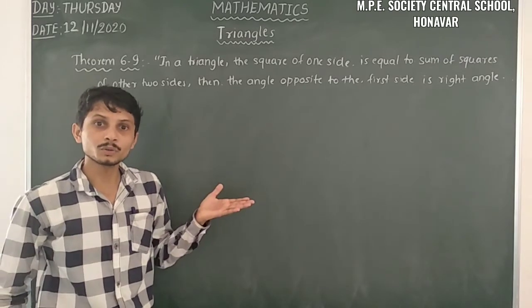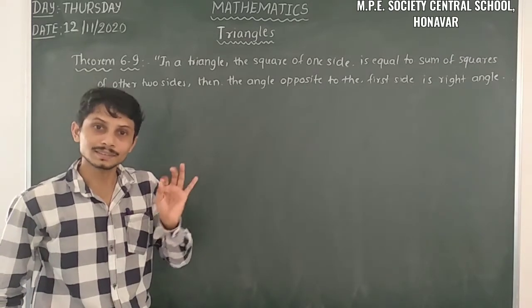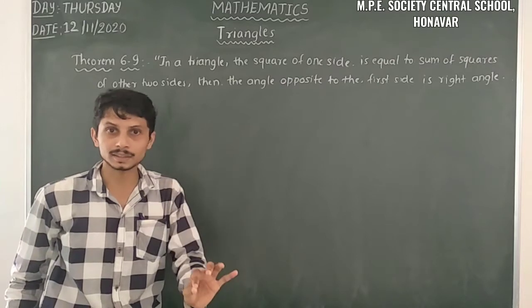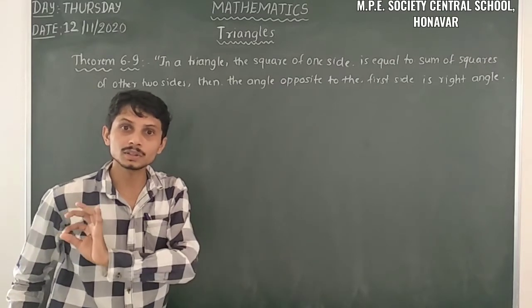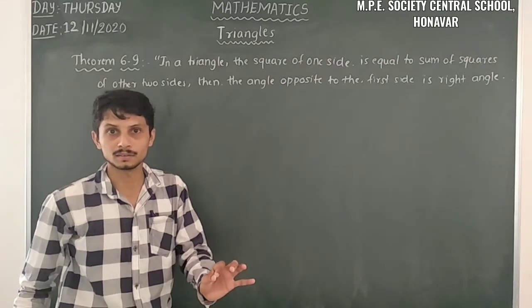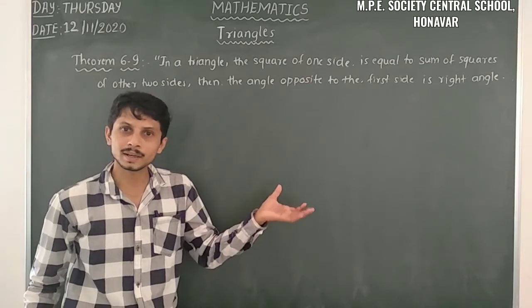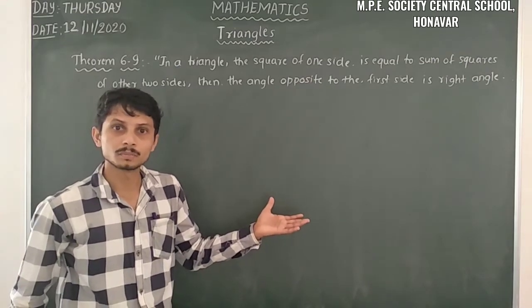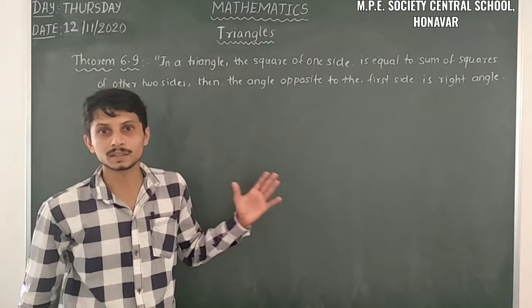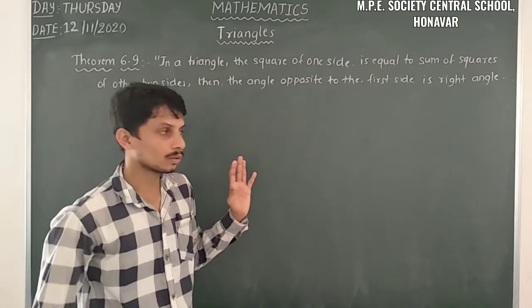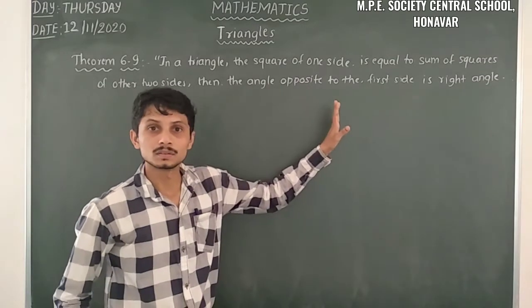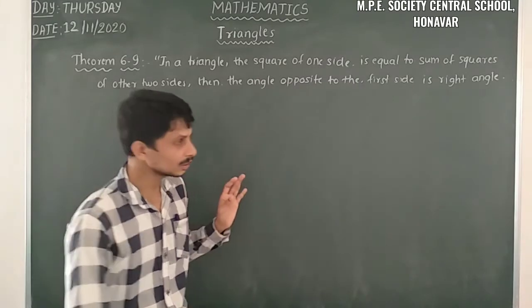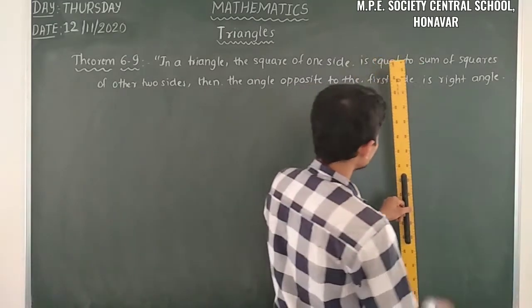So for that what we have to do? We have to construct a triangle. But that one is not a right angle triangle, but similar to a right angle triangle we have to draw, because for the proof we want that one. So that's why we have to write the diagram. Firstly I will draw the diagram here.